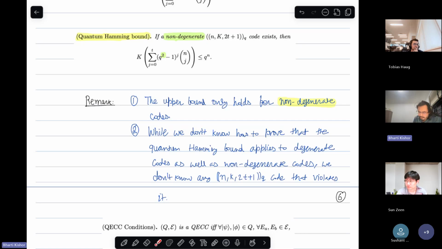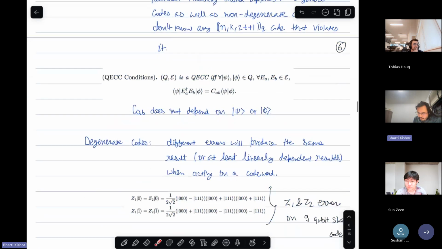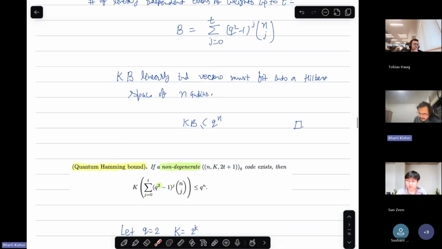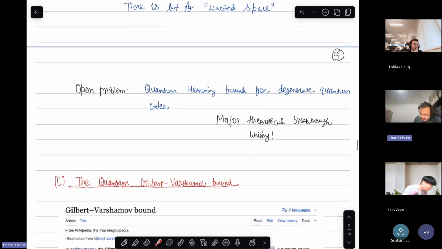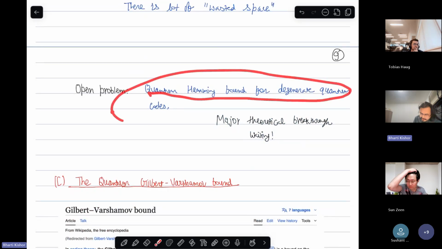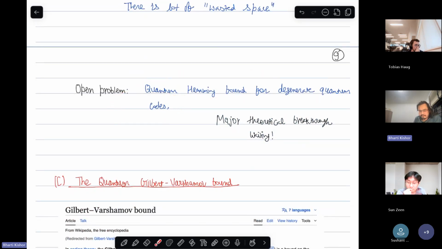So this is an open problem. I will talk later about how, if you can solve it, the quantum Hamming bound for degenerate quantum codes would be a big theoretical breakthrough.